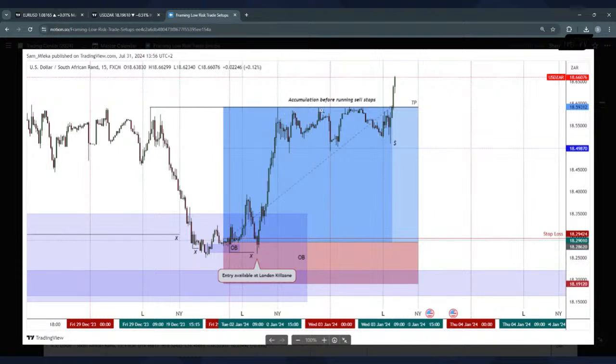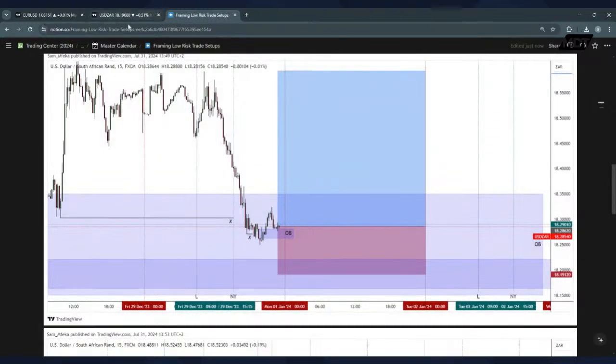And you can actually see how price starts to accumulate before we run those sell stop orders above these highs here. So I think this played out quite nicely, and this is all within that daily range that we had identified last week. So that's where we're going to pick up from.